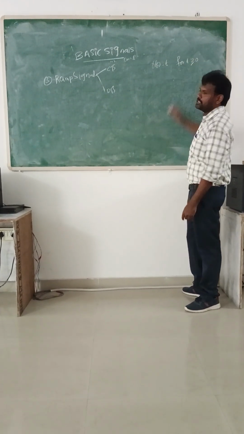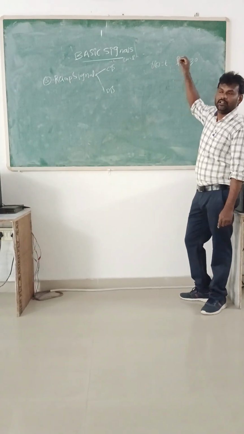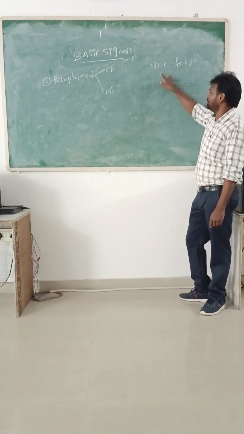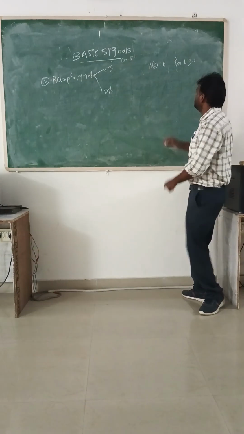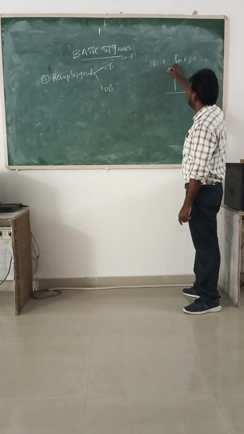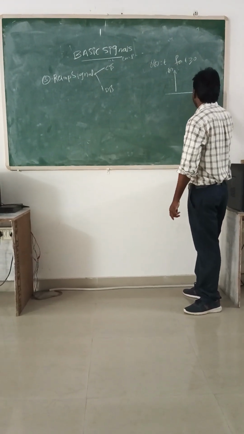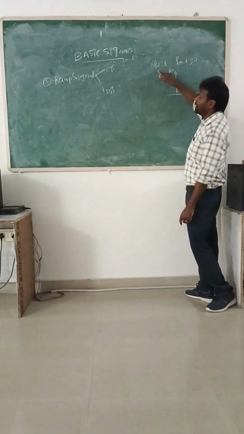That means the signal is also existing on the right side. So R of t is nothing but a straight line, a linearly growing function existing on the right side. Now we have to represent it graphically. Let R of t be the y-axis and t the x-axis. What is the condition? For t greater than or equal to 0, R of t becomes t.